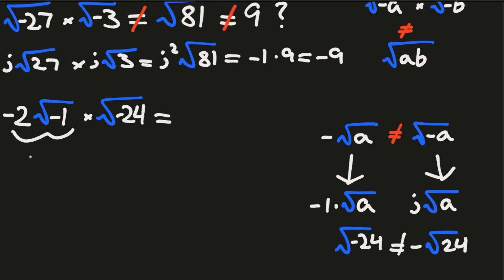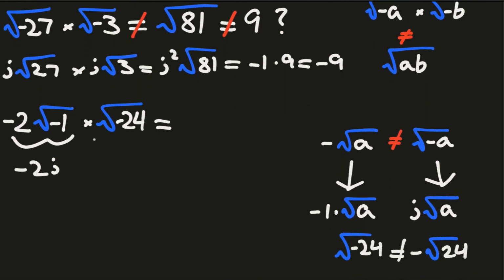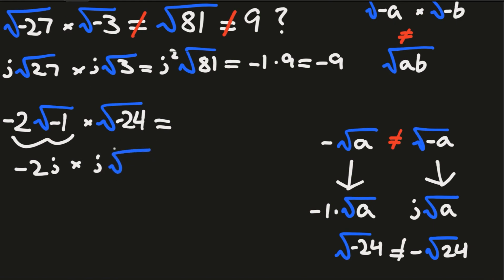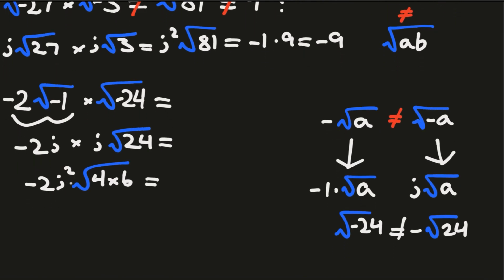So first, we simplify this term, which is simply negative 2i, the square root of negative 1 is i, and the square root of negative 24 is simply i times the square root of 24. We know that negative 2i squared, so we multiply i and i, times the square root of 24, which is simply 4 times 6. 4 times 6 is 24, and using this information, we can simplify i squared, which is negative 1.